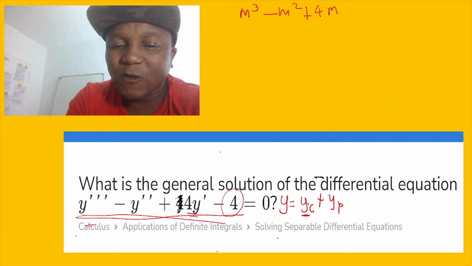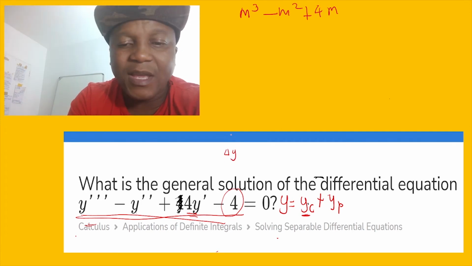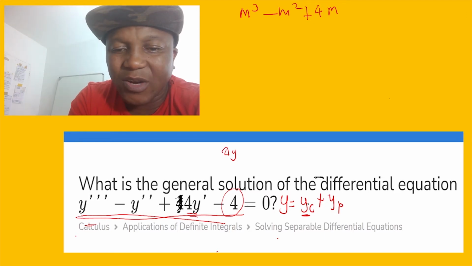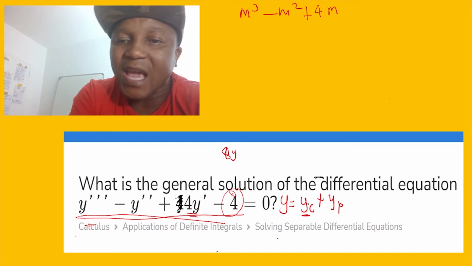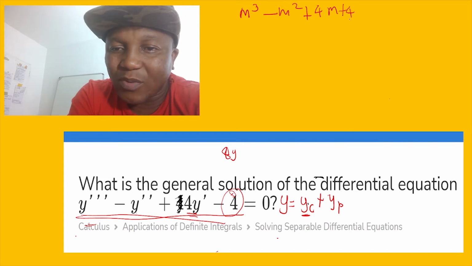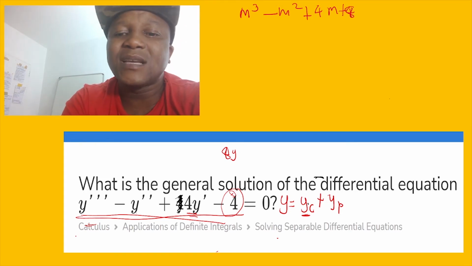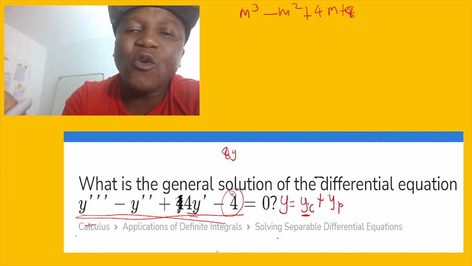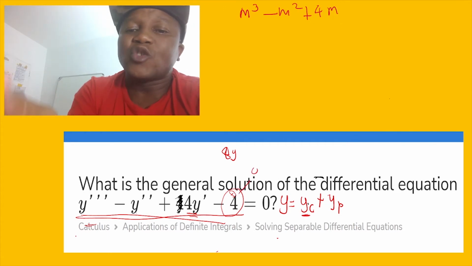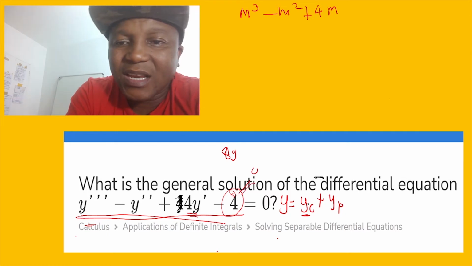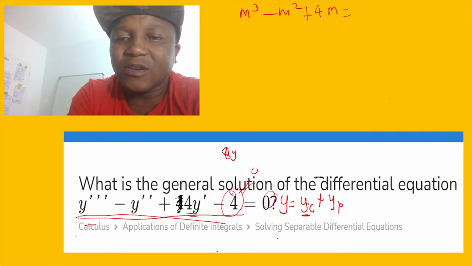If it was, for example, 4y or 8y, you would say plus 4 or 8. But since it does not have a y, this is going to become 0, and 0 equals 0.